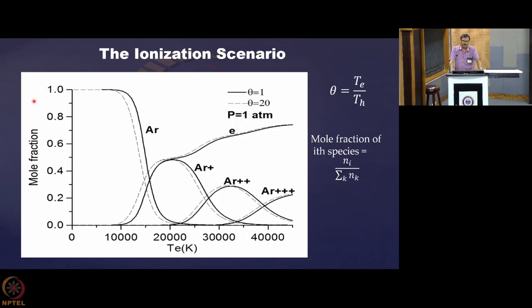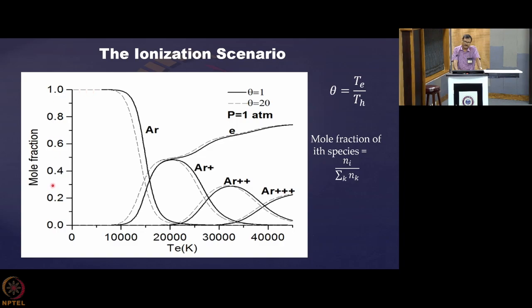Now for this particular problem, this argon, argon plus, argon double plus and argon triple plus system together with electron, we have 5 species, and how they vary with temperature up to, I think, 45,000 degrees Kelvin has been plotted, and you can see how it is varying. Initially when the temperature is very low, none of the argon atoms are ionized, so you are getting fully argon.